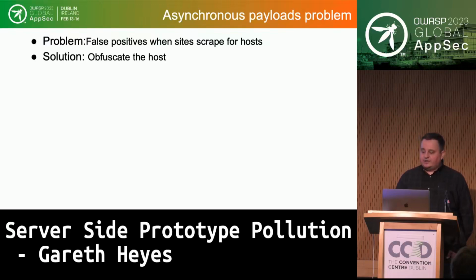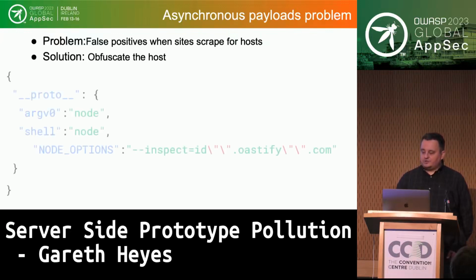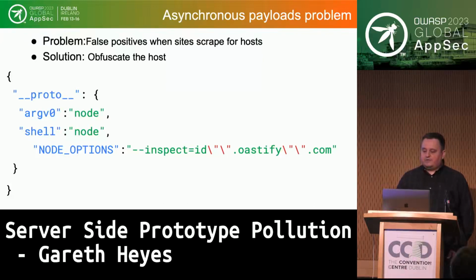And then I discovered that you can just use double quotes, and that works on every OS, Mac, Linux, and Windows. So this will be ignored on each OS. So you can obfuscate the URL being used, and using the double quotes, it will be ignored, and the scraper will not be able to parse that URL. And if you get a DNS interaction, then you should have remote code execution, really.